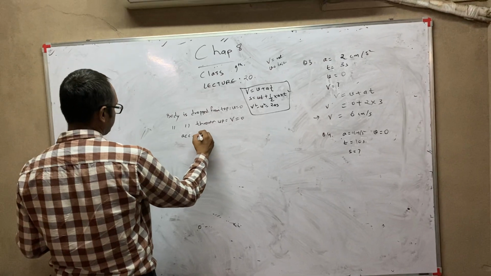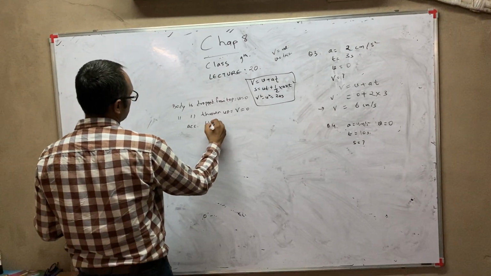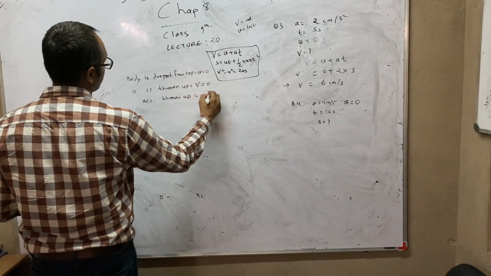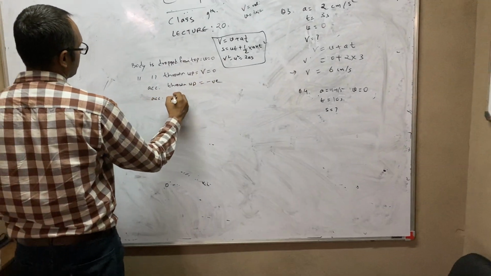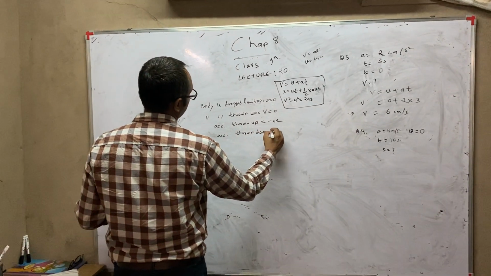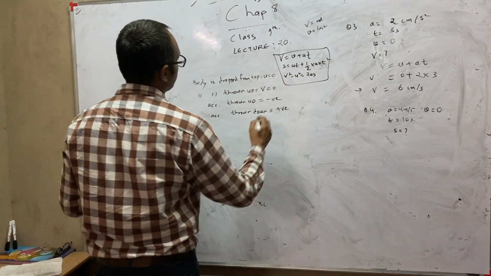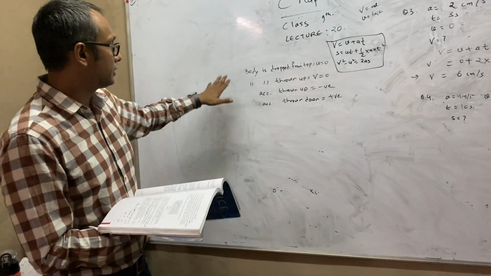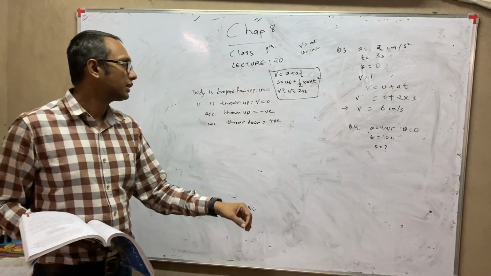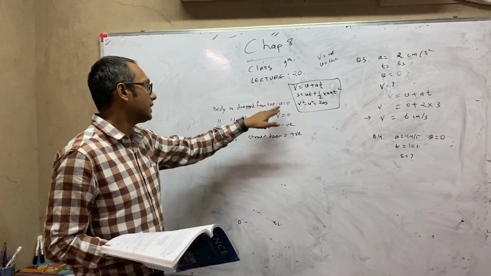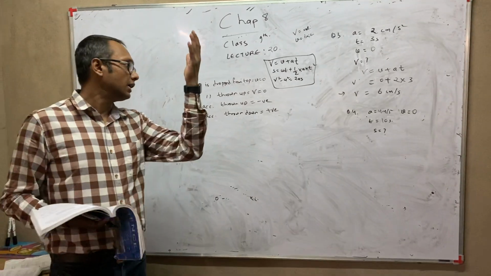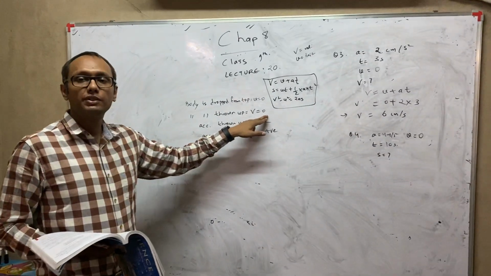Acceleration of a body thrown up, we will always take as negative. Acceleration of a body thrown down, we will always take as positive. These 4 things, when we are throwing something down and the sum is regarding that, in that sum you will take u equal to 0. When you are throwing something up, then we will take v equal to 0.